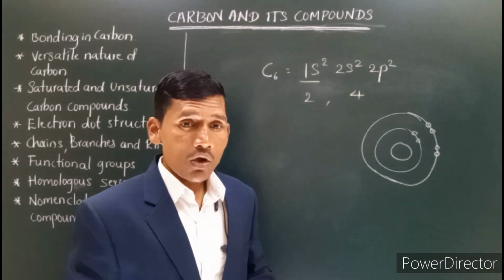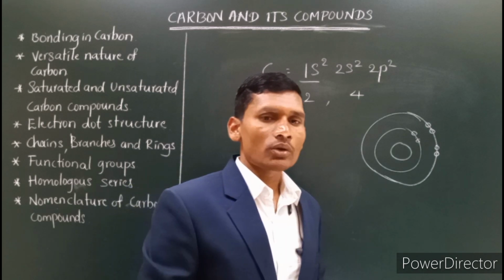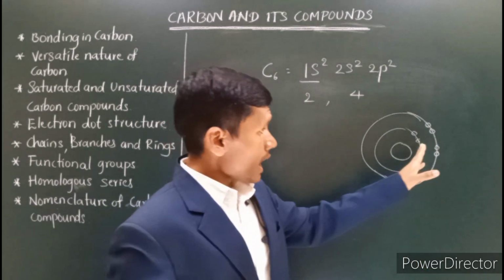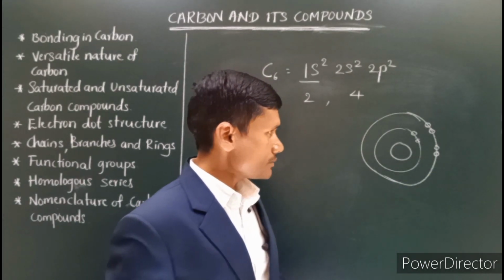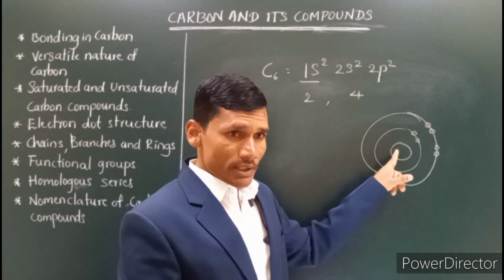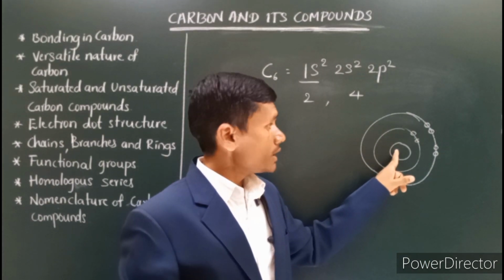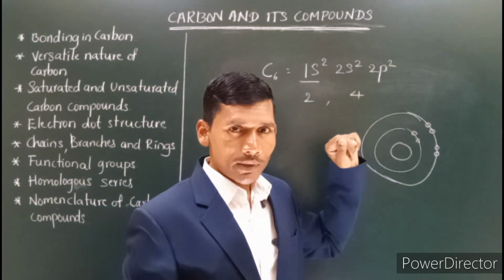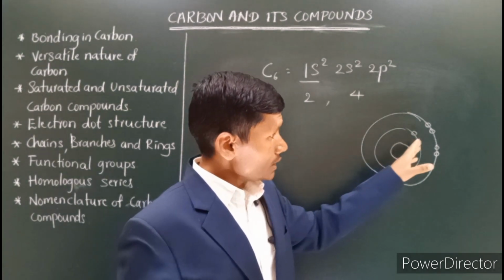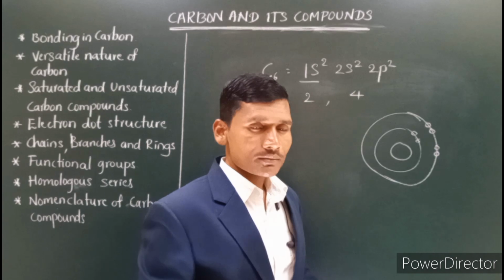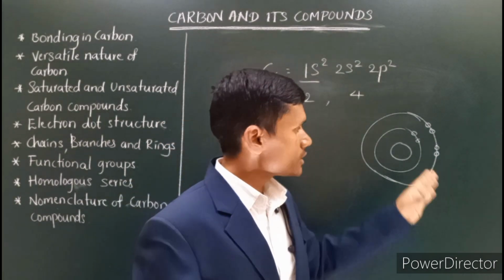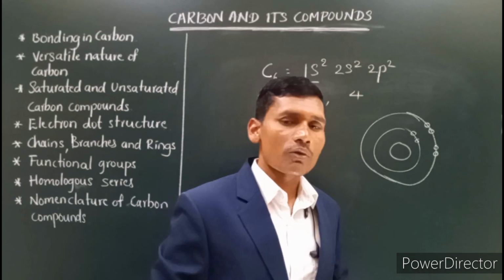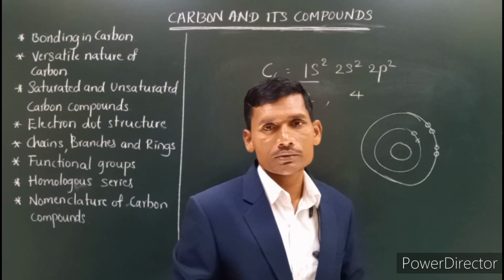Now, in order to have a completely filled outermost orbit, it has to lose all 4 electrons. If it loses 4 electrons, the number of protons is 6 and only 2 electrons will remain. And to remove these 4 electrons, a very high level of energy is required. It is not so easy to remove all the 4 electrons from its outermost orbit.